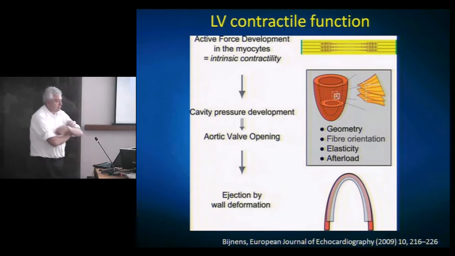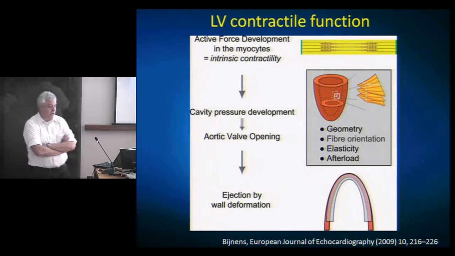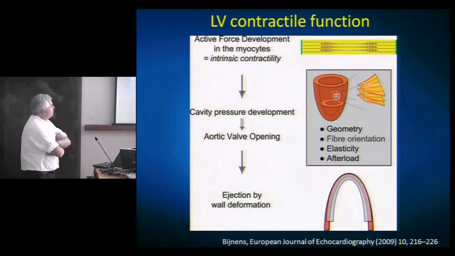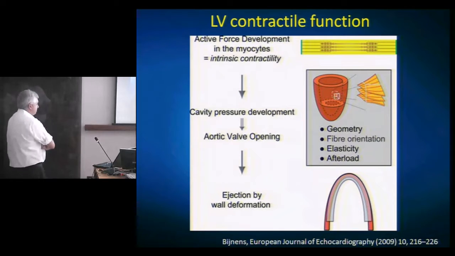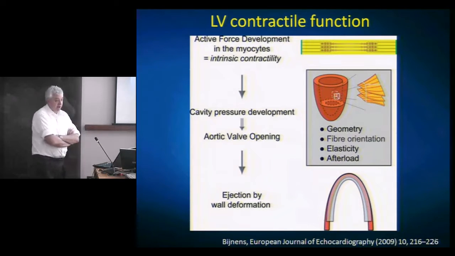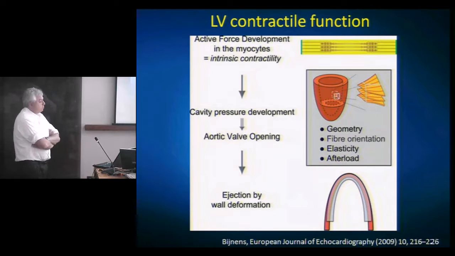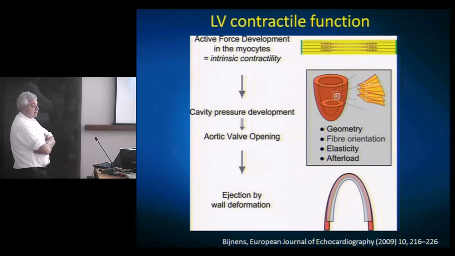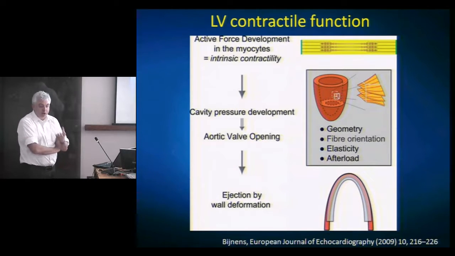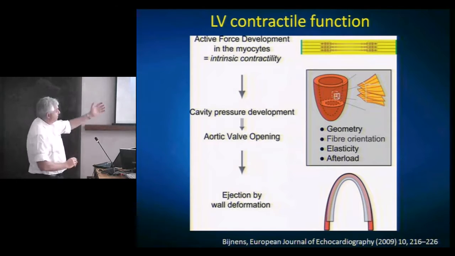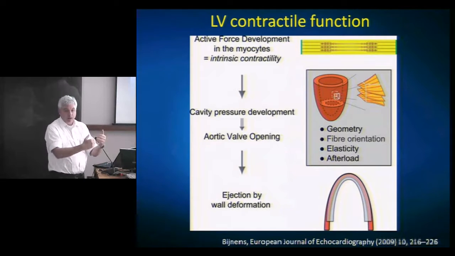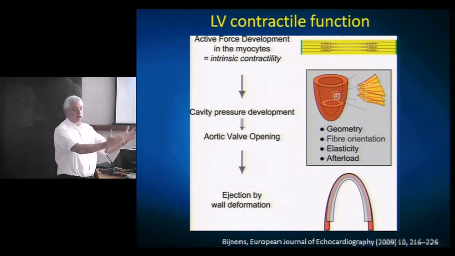But anyway, if we just repeat this to kind of get a background for the talk, this is what really the ventricle wants to do. It wants to develop active force, that's in the myocytes, that's its intrinsic contractility, in order to develop pressure within the cavity that will then overcome its afterload and the blood pressure to open up the aortic valve.